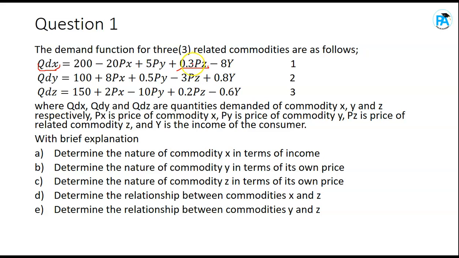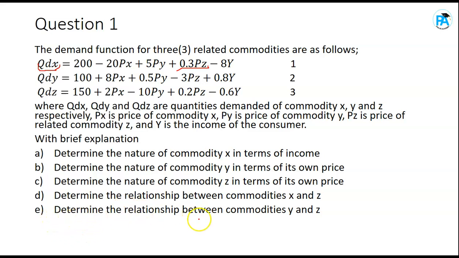Meaning that when the price of commodity Z increases, holding the price of commodity X constant, the quantity demand of commodity X increases because the price of commodity Z has increased. People are leaving commodity Z for X, so it is a substitute. I hope you've written it down.